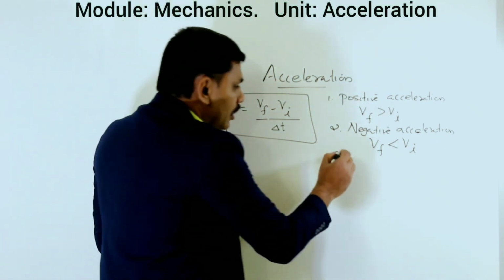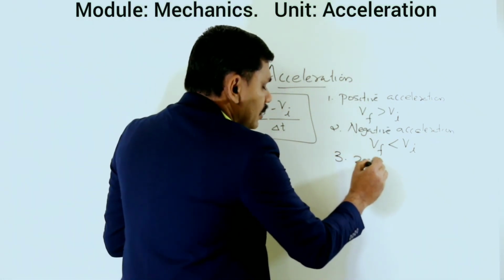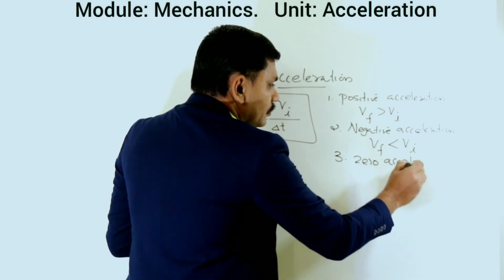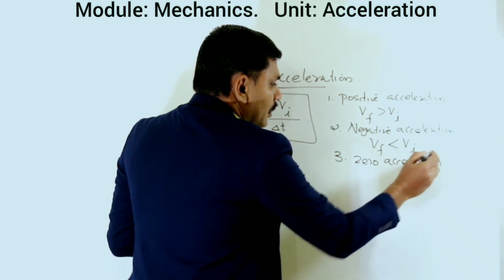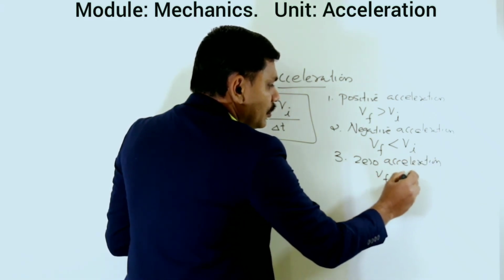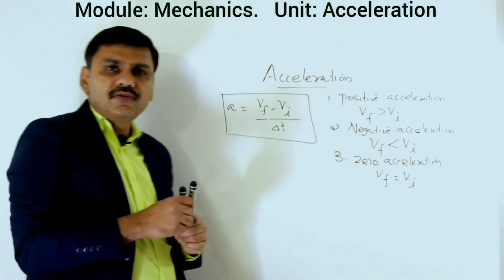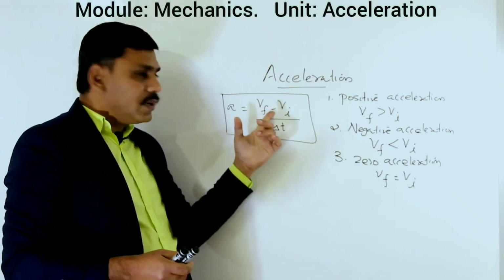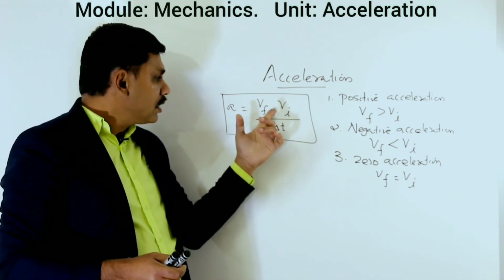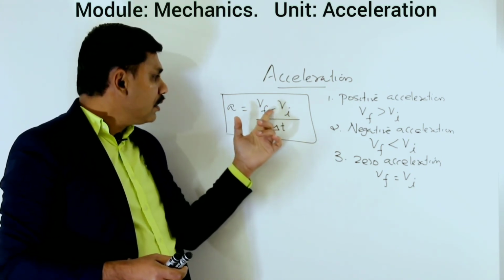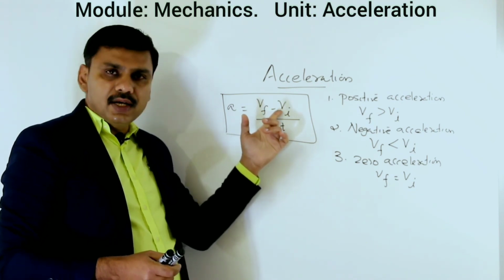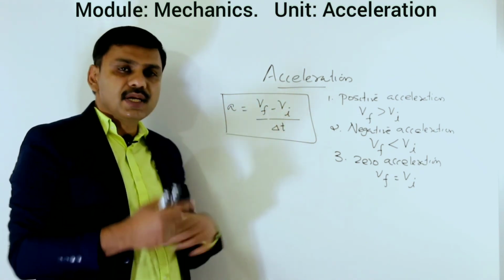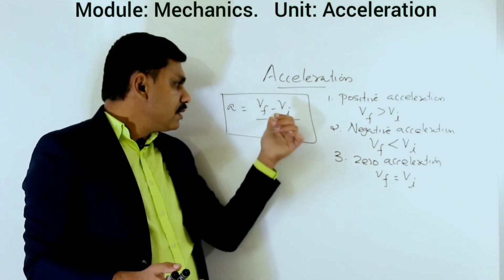Then the third is zero acceleration. That means Vf equal to Vi, the final velocity is equal to the initial velocity. From the equation it is clear, if Vf equals Vi, this difference becomes 0 and the acceleration becomes 0.